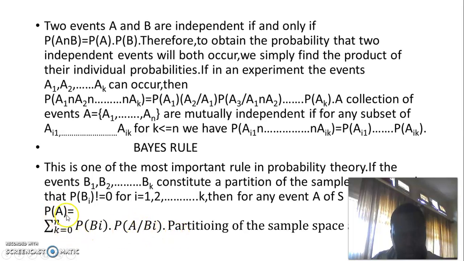Or the probability of A is equal to the sum over i of the probability of Bi times the probability of A given that Bi has occurred. Hence, partitioning of the sample space can be shown as below.